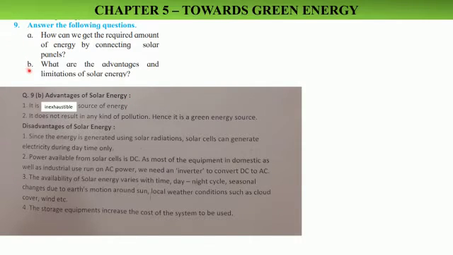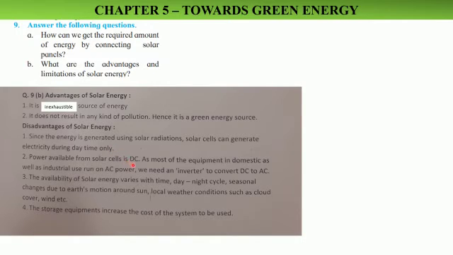Question number 9b. What are the advantages and limitations of solar energy? The advantages of solar energy include that it is an inexhaustible source of energy and it does not cause any kind of pollution. But at the same time, it has certain limitations also, like it can be used only during daytime.